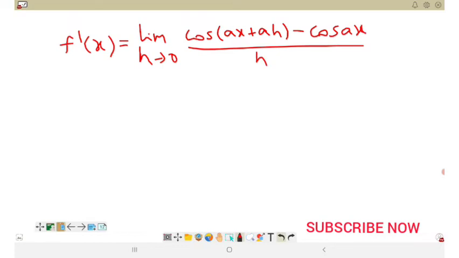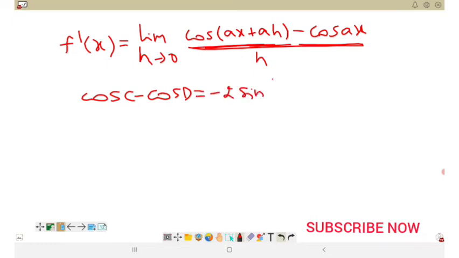Now it is in the form of cos C minus cos D. So the cos C minus cos D formula is minus 2 sin of C plus D by 2 into sin of C minus D by 2.